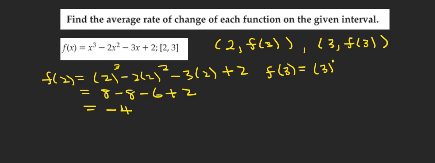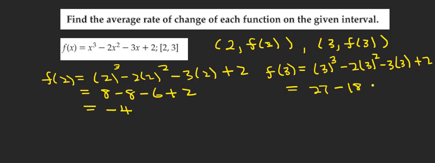That's 3 cubed minus 2 times 3 squared minus 3 times 3 plus 2. So you get 27 minus 18 minus 9 plus 2, which is going to be 2. So we have 2 points. We have 2 comma negative 4, and we have 3 comma 2.